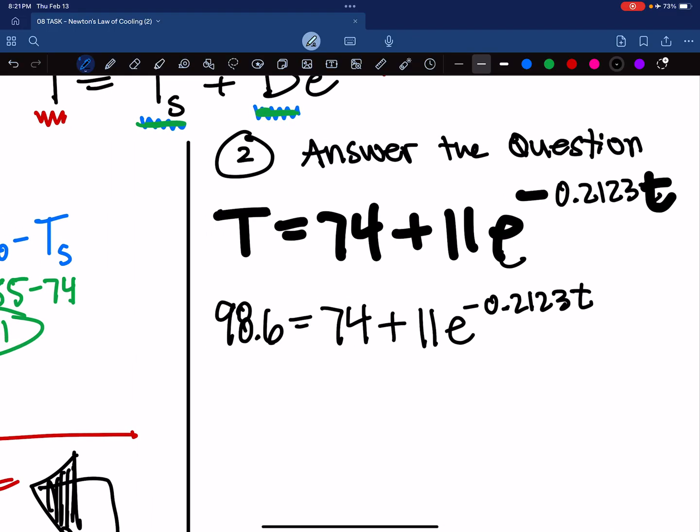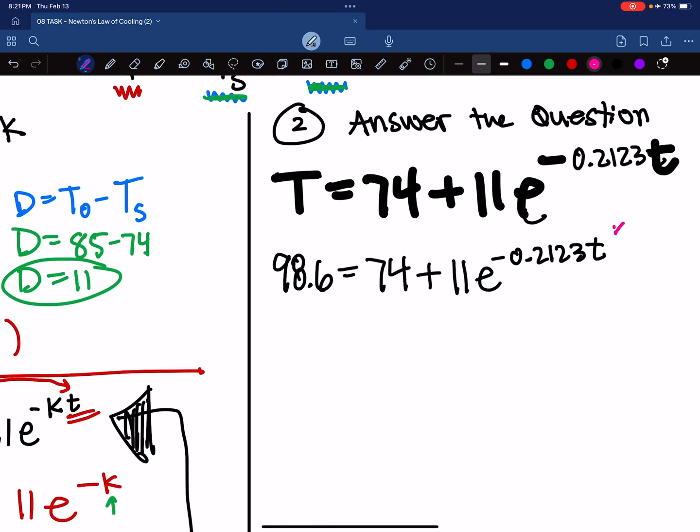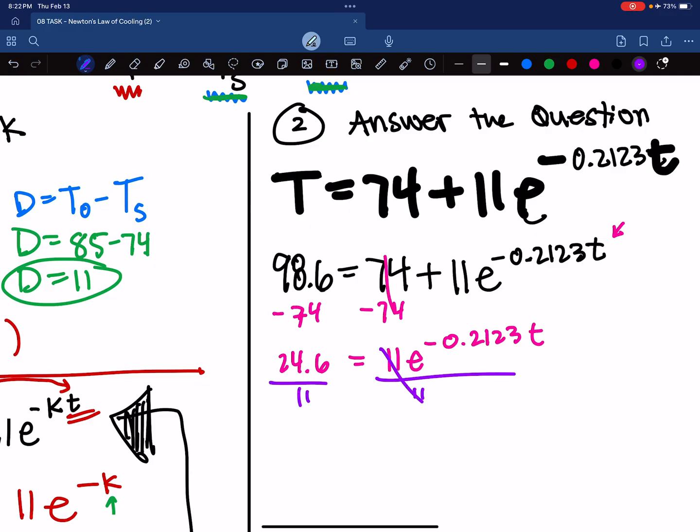So this time, you guys, we're solving for our variable up in the exponent. All right, step 1, subtract 74. 24.6 equals 11e to the negative 0.2123 t. Divide by 11. And I personally just leave this as a fraction because at the end, I type it in the calculator anyway, so may as well just save that to the last part.